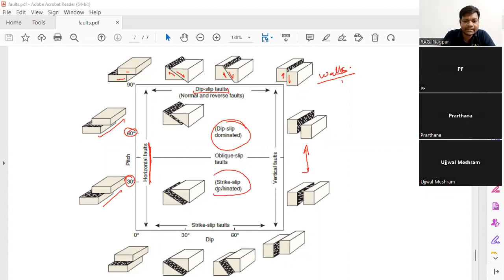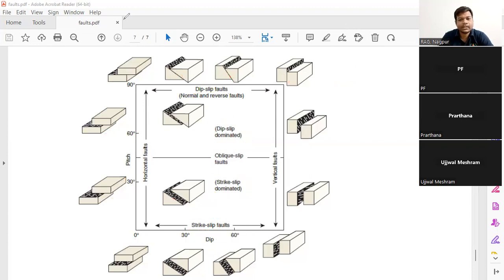These are the strike slip dominated faults, where they are going towards the strike. Here all these are the strike slip faults, which move along the strike of the bed or the strike of the area, right?